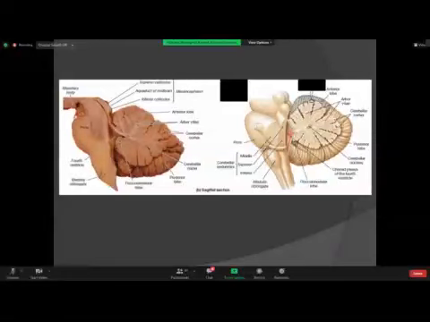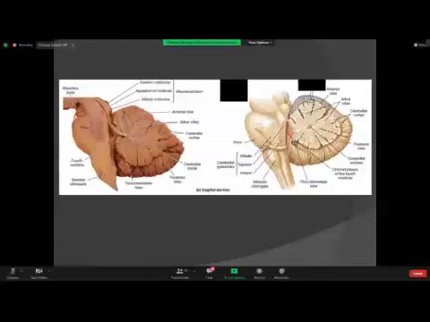An important thing to note that usually people do not know is that the total number of cells within our cerebellum is more than in the other parts of the whole nervous system.